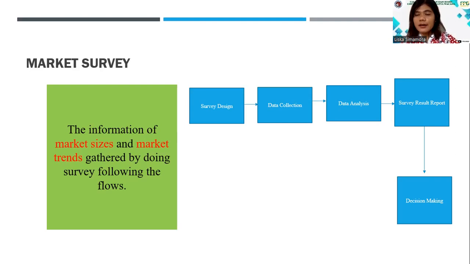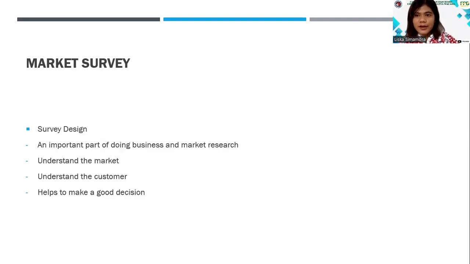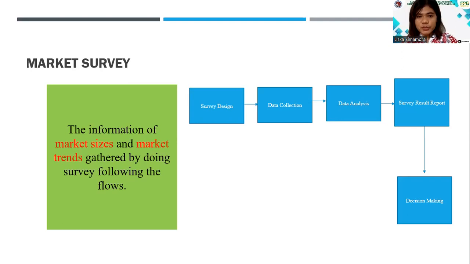By having that reported survey result, the policymaker, the entrepreneur, or the researcher knows what to do next. So it bears a decision. Let's define one by one, starting from survey design.